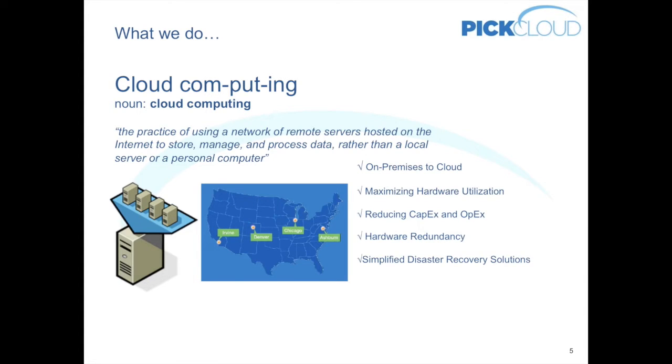That's really our niche here at Pick Cloud. Of course, we reduce all the capital expenditure and turn it into an operating expense. We can have all the redundancies built in, and we can give you the scalability you need. If you need more CPU, we can do that. If you don't need it, we can take it away. If you have peak periods, we can deal with that.